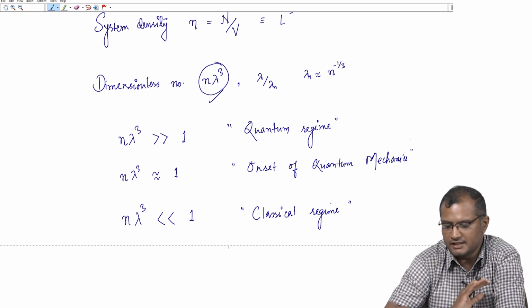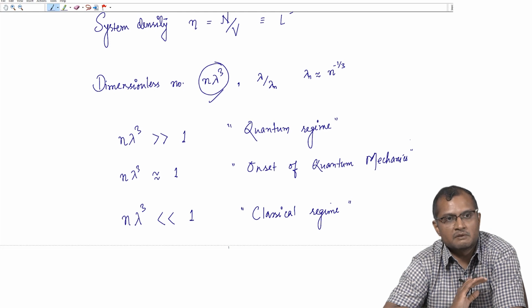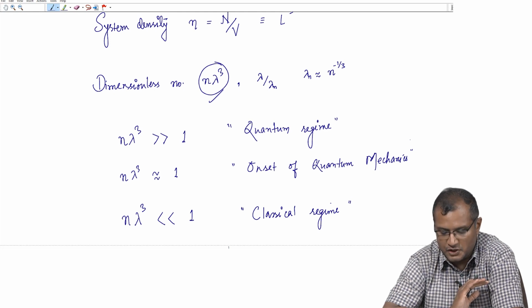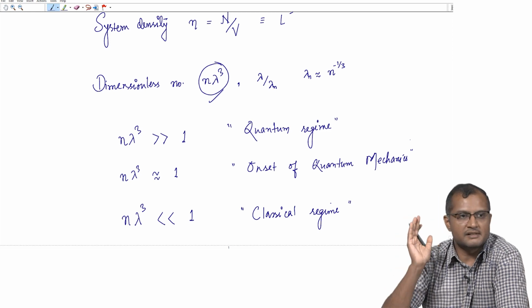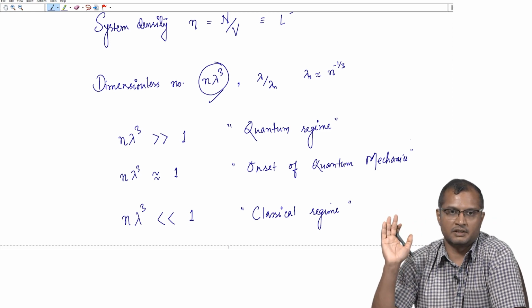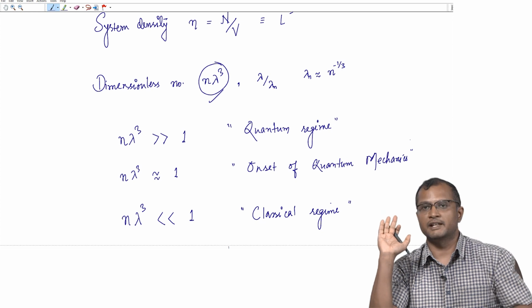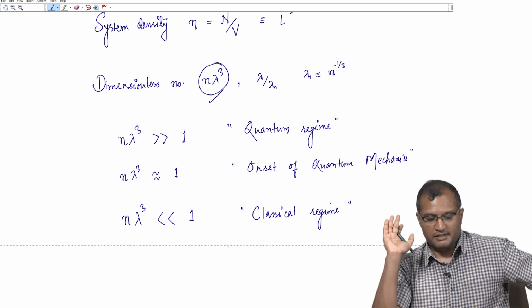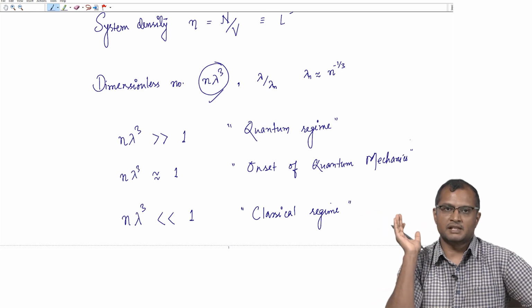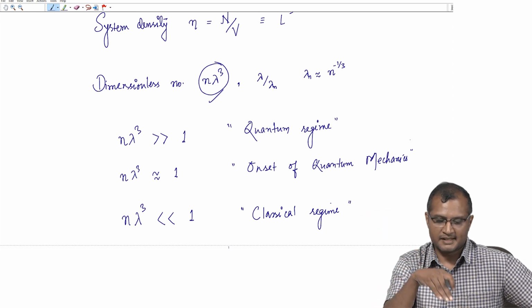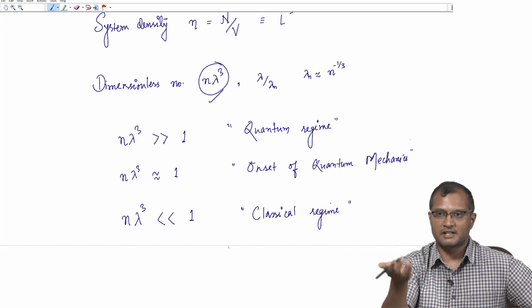It is very safe to handle the two extreme regimes, where n lambda cube being much smaller than 1 almost guarantees that your classical calculations will work, they will come out with flying colors. In the regime n lambda cube greater than 1, classical theories will fail miserably, and this is the regime where you have electrons in a metal.